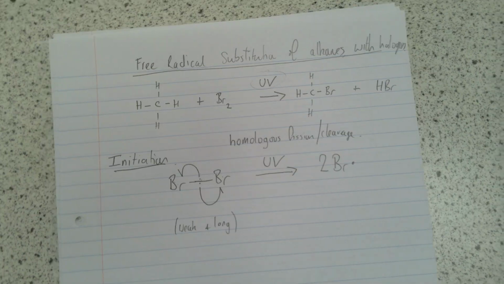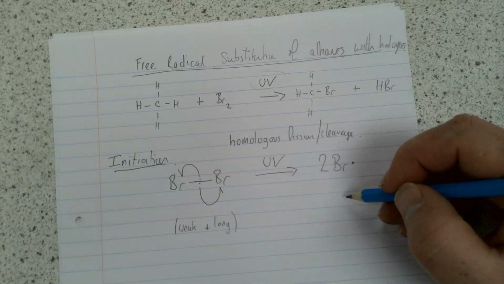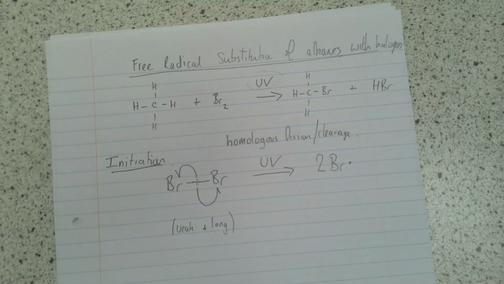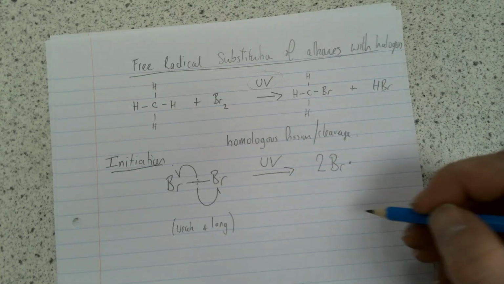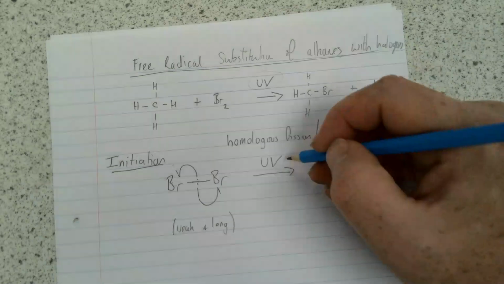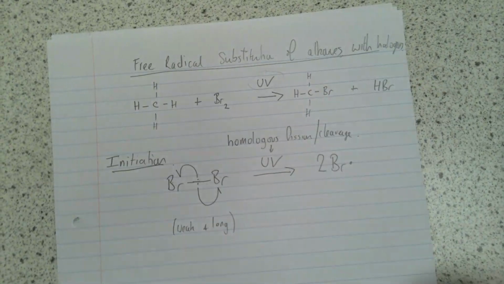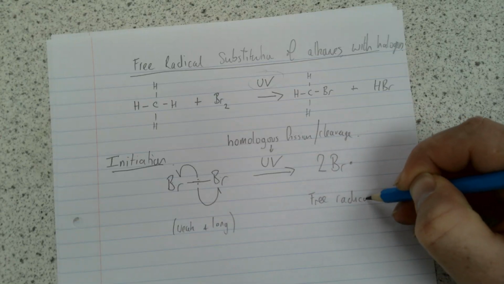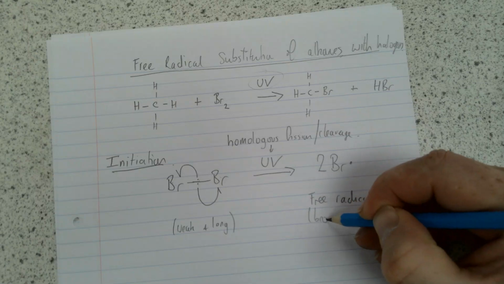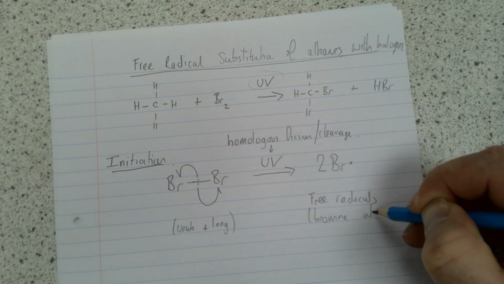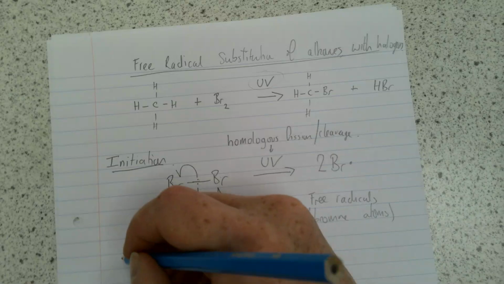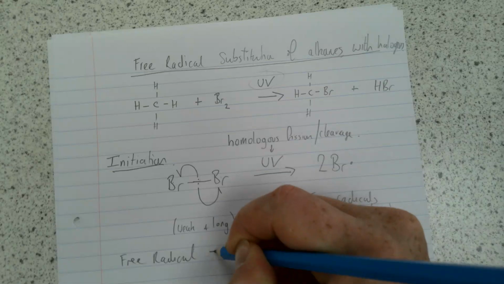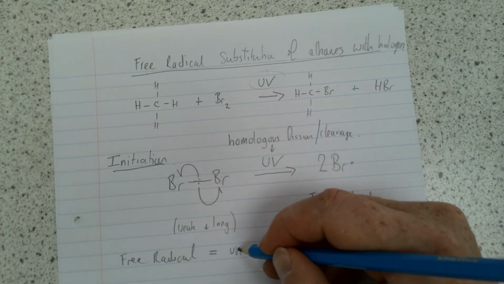You end up with two bromine atoms, which we call free radicals because they've got unpaired electrons. All they are is bromine atoms, but a free radical means it's got an unpaired electron.